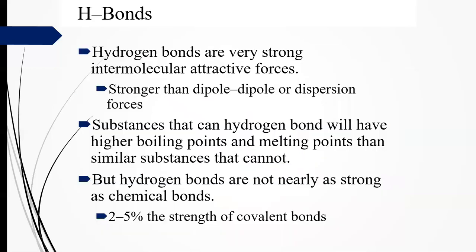So these hydrogen bonds are very, very strong. They're stronger than our dipole-dipole and stronger than our London forces. And so if we get a molecule that seems to have a very high boiling point, especially compared to its molar mass, the thing that you want to be looking out for is these hydrogen bonds.